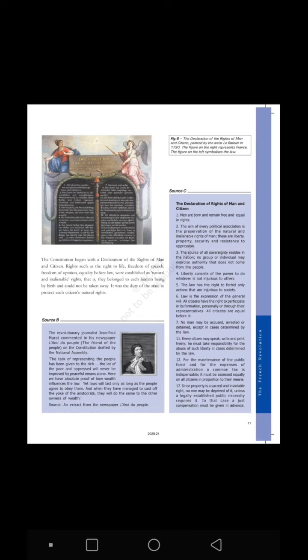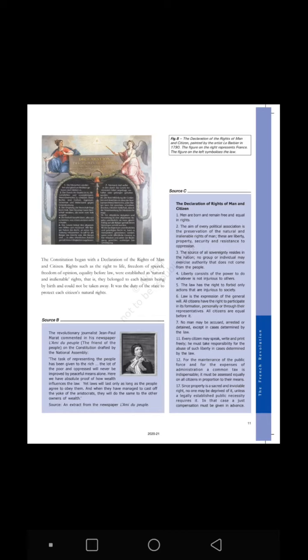Since property is a sacred and inviolable right, no one may be deprived of it unless a legally established public necessity requires it. In that case, a just compensation must be given in advance.